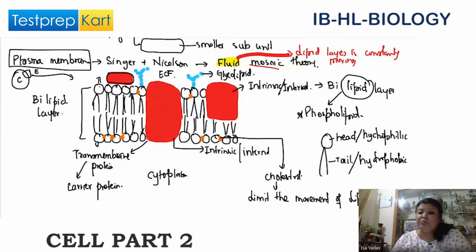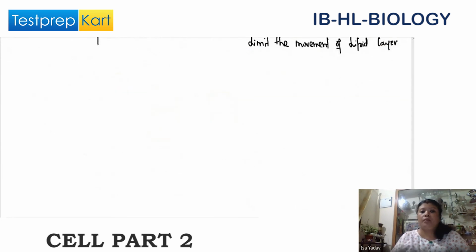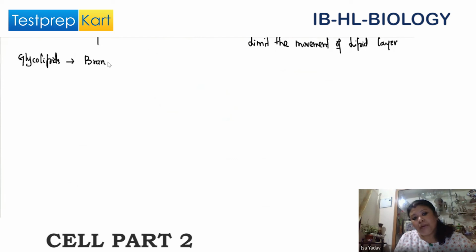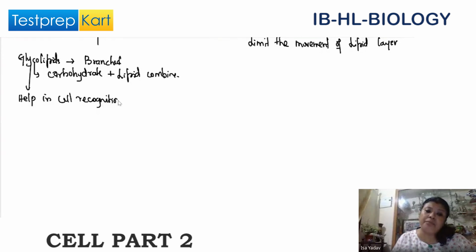Glycolipids are branched. They are made when carbohydrate and lipid combine. They help in cell recognition.